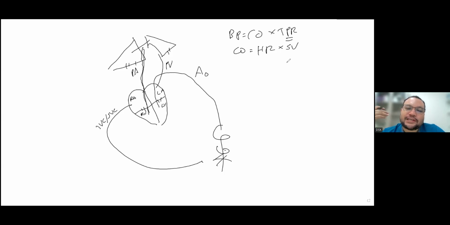Whenever the oxygen level is low, the acidity is high, or the carbon dioxide is high, the aortic body and carotid body will send signals to the cardiorespiratory center. Whenever the BP is low as well, this will trigger either an increase in your heart rate or an adjustment of your stroke volume by adjusting the inotropic effect and so on and so forth.